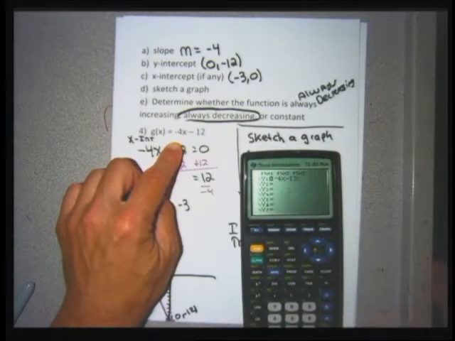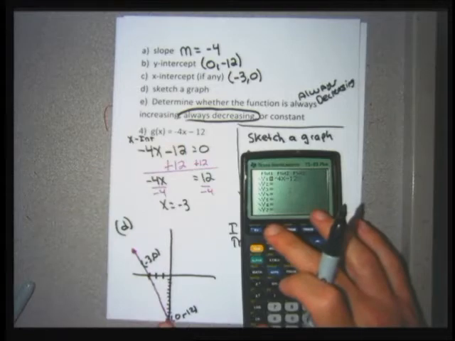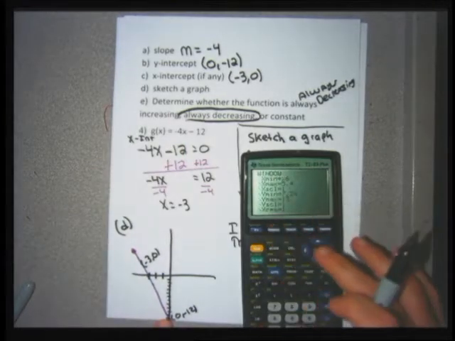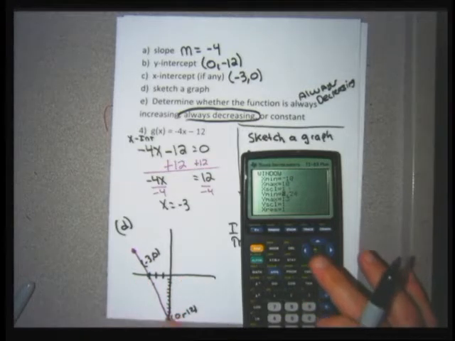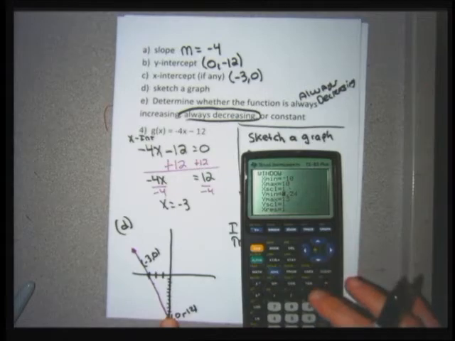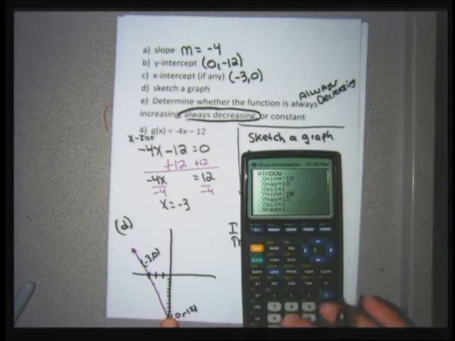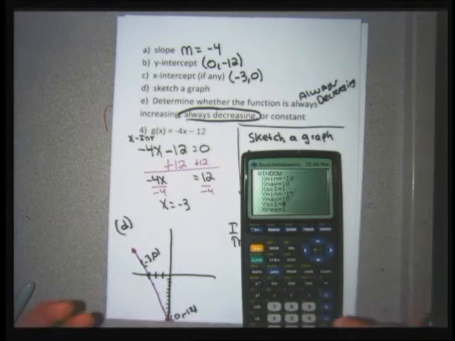minus 12. And my window needs to incorporate the y-intercept. So my x going from negative 10 to 10 would be fine. But if I didn't make my y go lower than negative 12, I'm not going to see the y-intercept. So I'm going to make my y-min negative 15 and my y-max 10. There isn't a right and a wrong window.